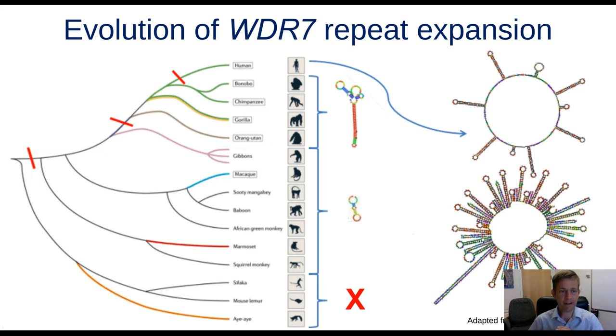By the time you get to the orangutan, you jump to 1.5 copies of the repeat. And by the time you get to humans, you have 6.5 copies, up to 33 copies in this ALS family. So we could track the progression and expansion of this repeat throughout primate evolution.